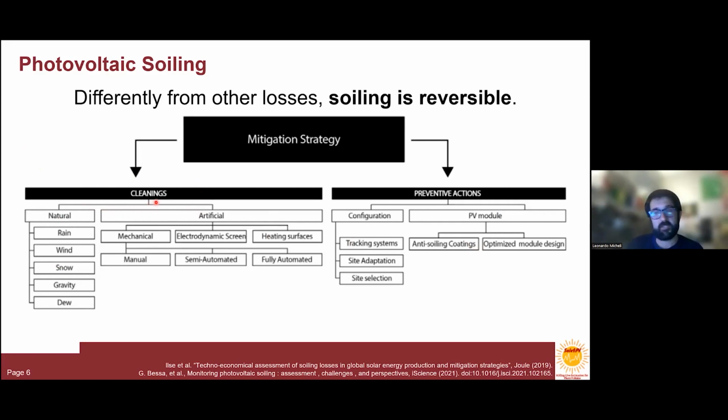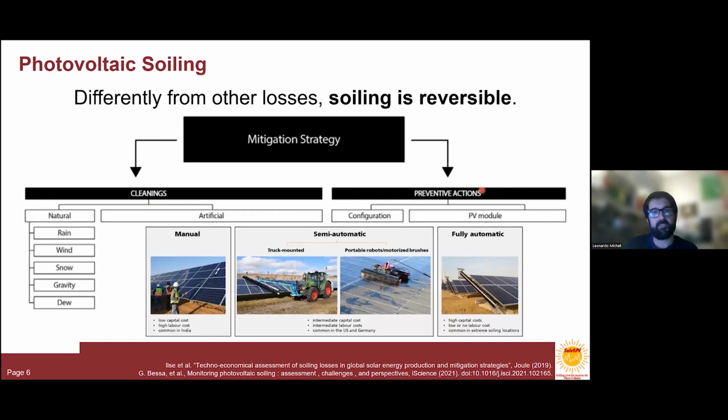We will see cleanings are the most common soiling mitigation activities, but there are also preventive actions that we can put in place before a PV system is operational to decrease the rate at which soiling will be depositing on the PV module or to facilitate its natural removal. However, as I said, cleaning is still nowadays the most common way to mitigate soiling on a photovoltaic and a CSP system.